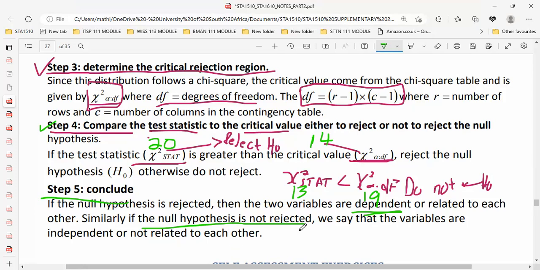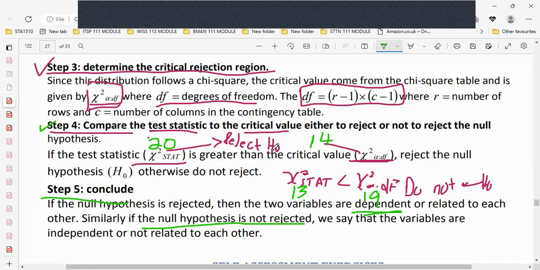If the null hypothesis is not rejected, then the two variables are independent, meaning there's no relationship between them. So if the chi-squared stat is greater than the critical value, I reject my null hypothesis, and the two variables are dependent. If I don't reject the null hypothesis, the variables are independent, and there's no relationship between the two variables.